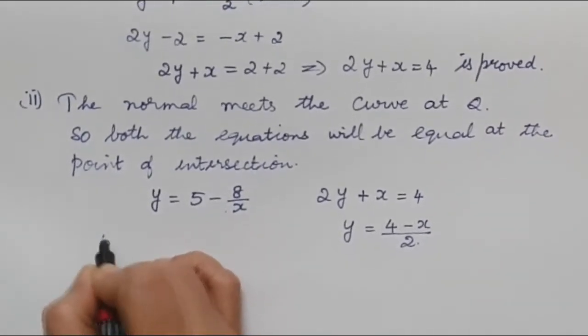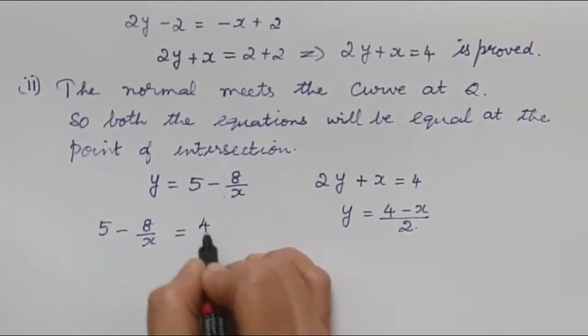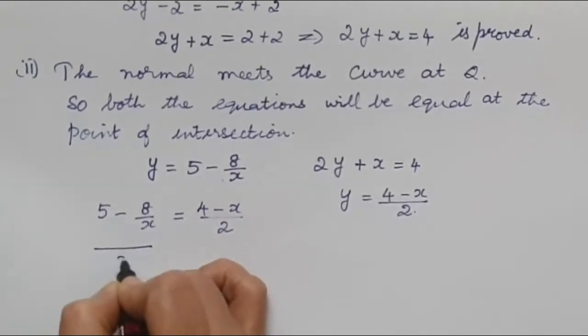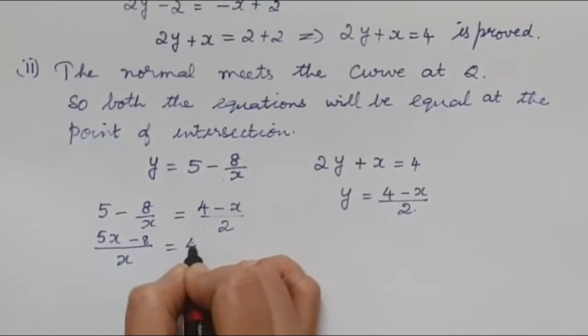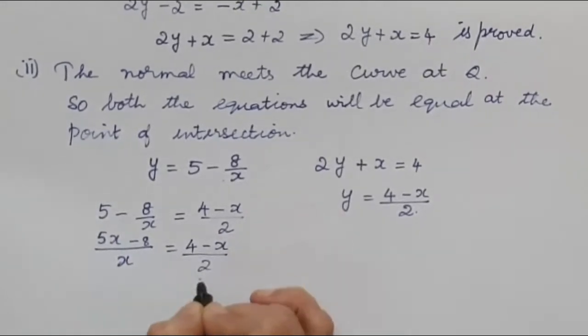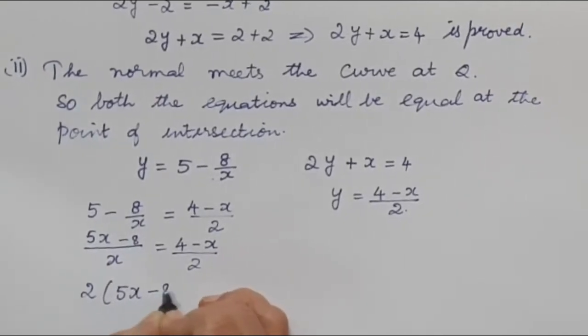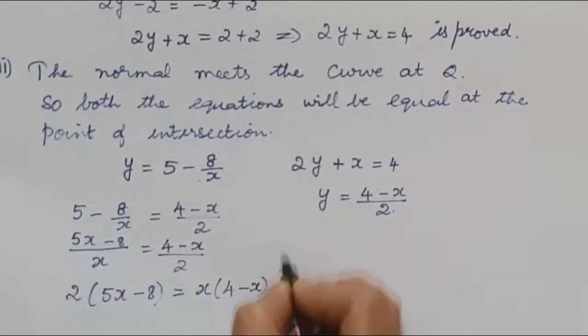So this equation and this equation we can equate. So when we equate it, 5 minus 8 over x will be equal to 4 minus x over 2. Now take the LCM of this x, that is 5x minus 8 over x equal to 4 minus x over 2. Now when we cross multiply, 2 into 5x minus 8 will be equal to x into 4 minus x.